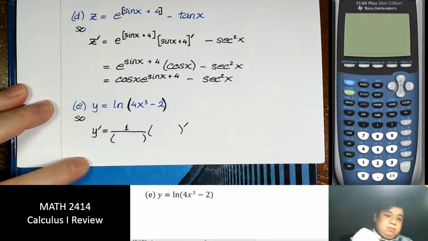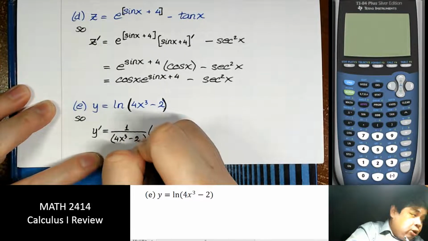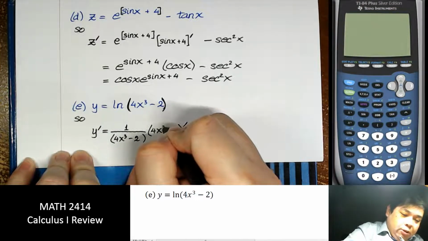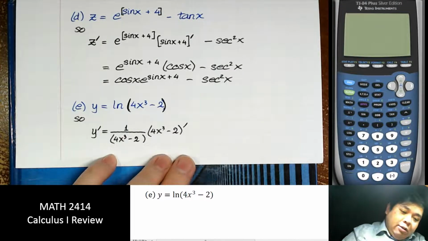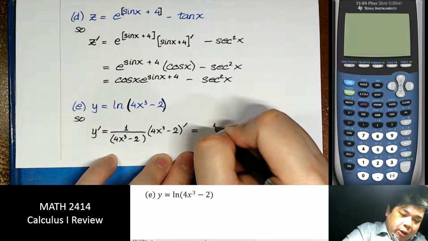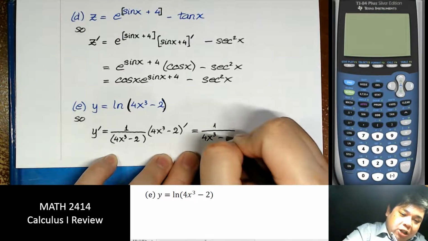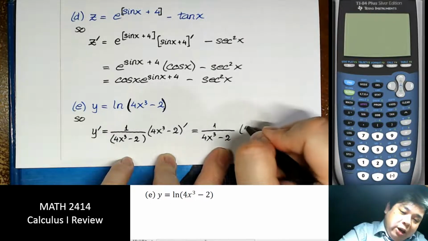Anyway, 4x cubed minus 2, and then 4x cubed minus 2. Right? So we have 1 over 4x cubed minus 2, and the derivative of 4x cubed is going to be 12x squared.